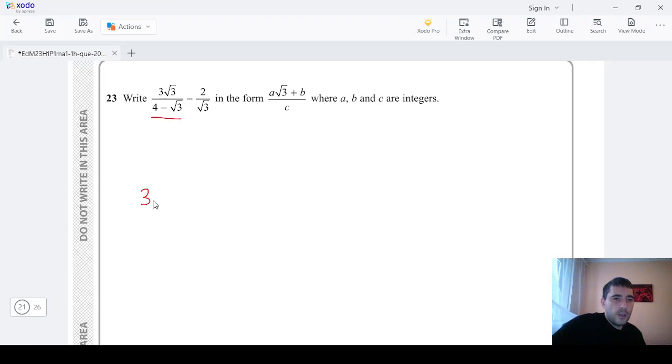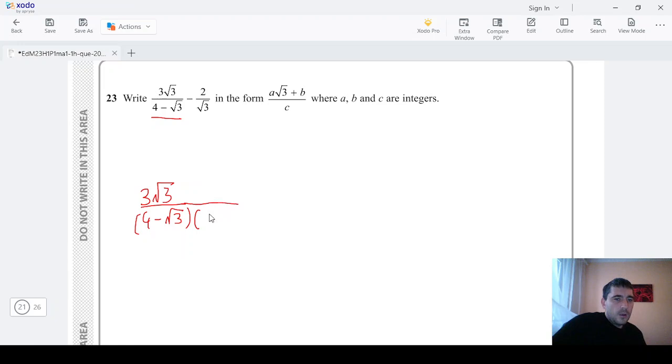We've got 3 root 3 over 4 minus root 3. In order to rationalize that, I need to multiply by 4 plus root 3. I use the difference of 2 squares, because I can't just square it, as that would make a different fraction.